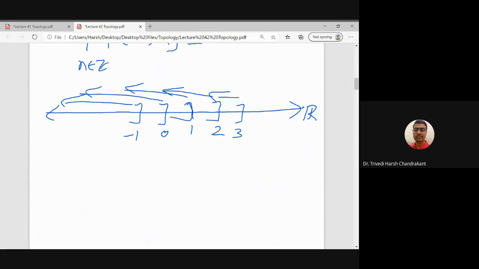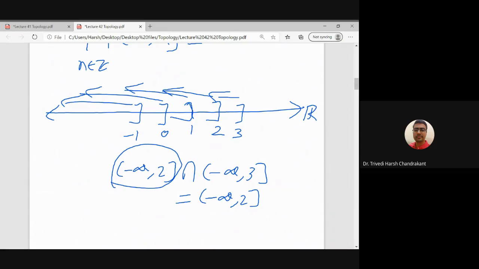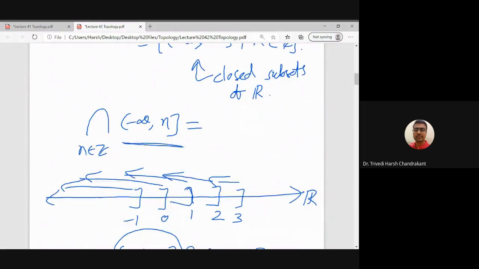For example, if I take minus infinity to 2 intersection minus infinity to 3, what I get is minus infinity to 2, right? So whenever I take the total intersection, I am basically getting the smallest interval, and this is a decreasing sequence of intervals, because minus infinity to n always contains minus infinity to n plus 1, right?